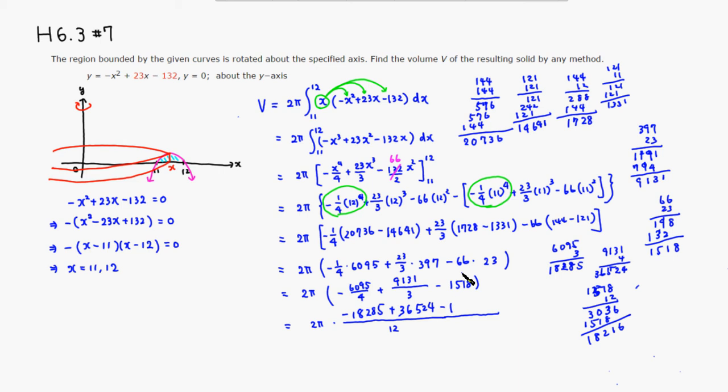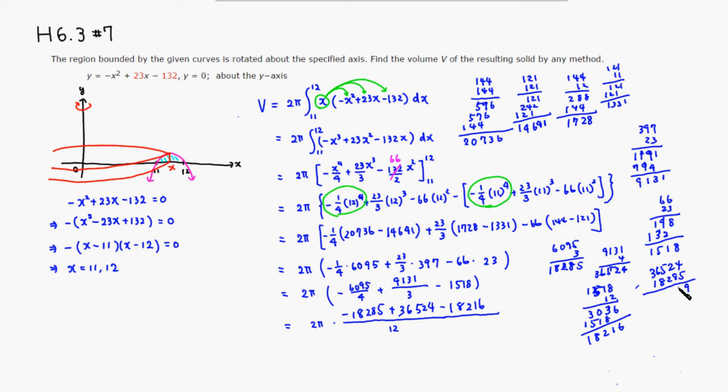So 8, 1, 8, 2, 1, 6. Alright, so we're going to do, let's see, 3, 6, 5, 2, 4, so that's the positive one. We're going to subtract the 1, 8, 2, 8, 5, so that's going to be 9.